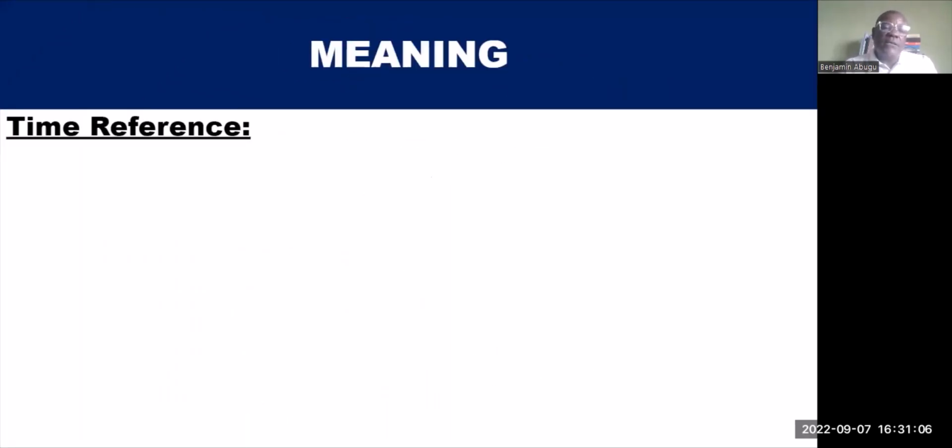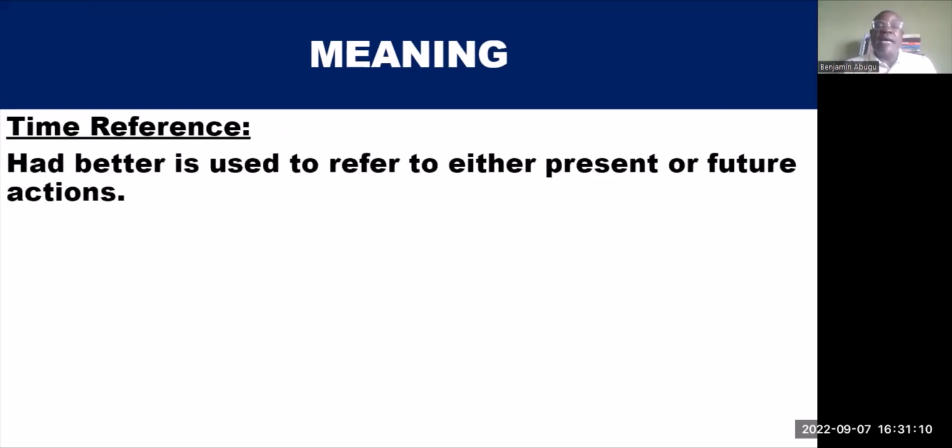Then time reference. Had better is used to refer to either present or future actions. When you look at the word had, it is the past tense of have, but when it is used as a phrase, had better doesn't refer to any past action. It refers either to the present or the future time.